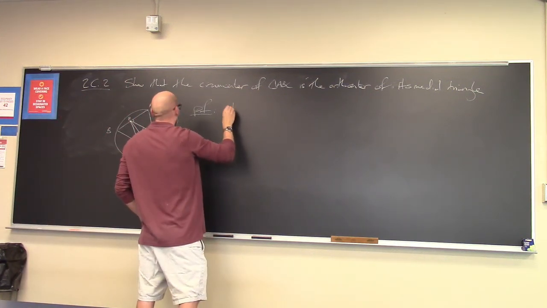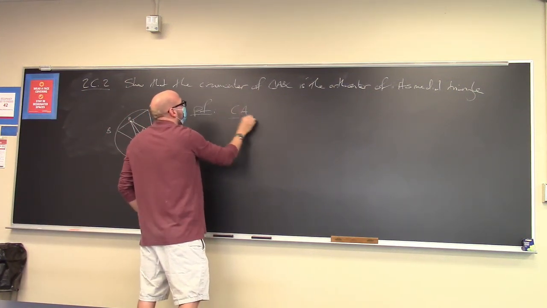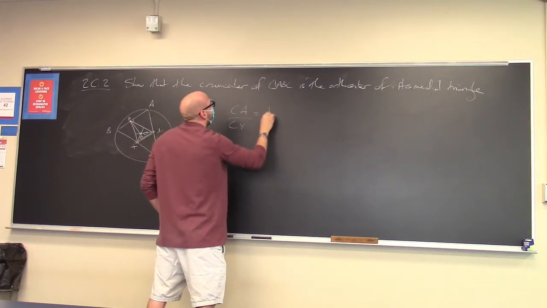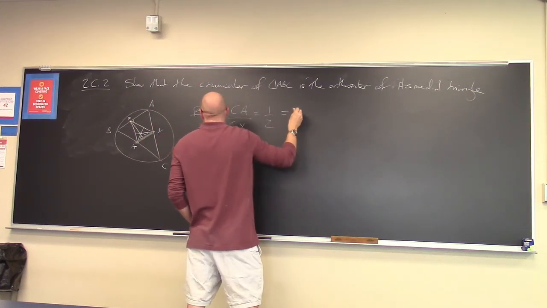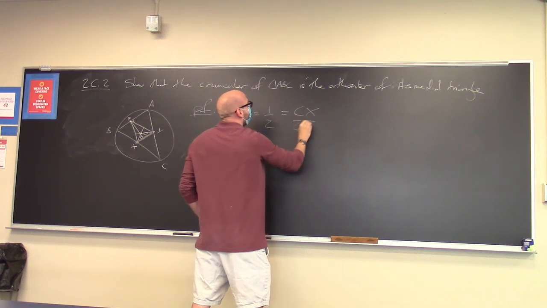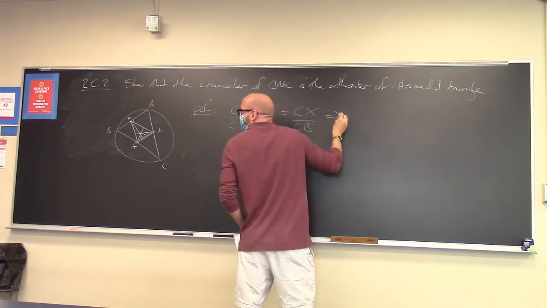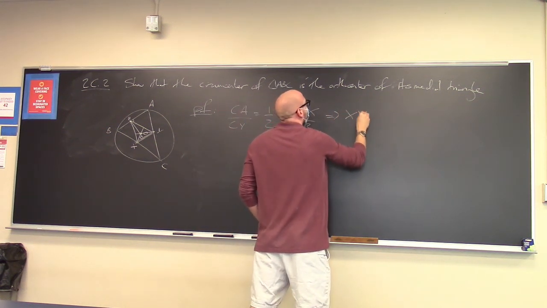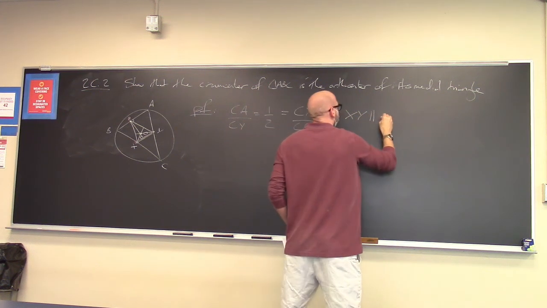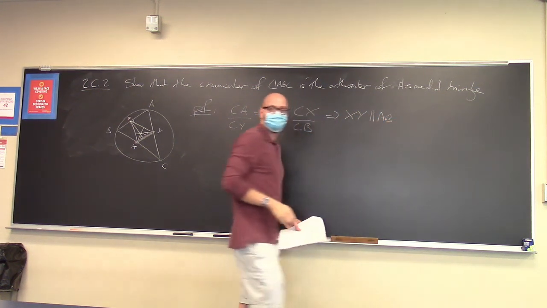So CA over CY is 1/2, which is CX over CB, and that implies that XY is parallel to AB.